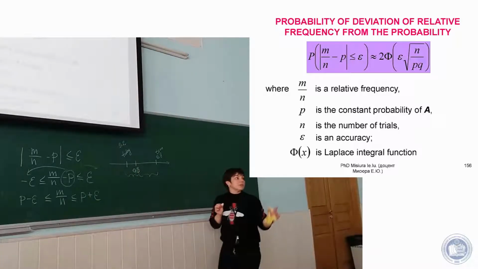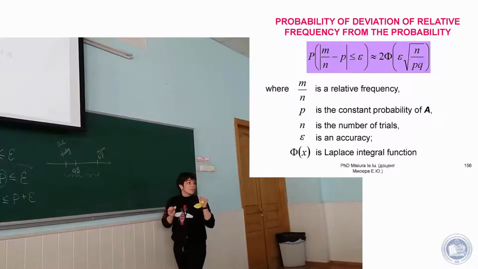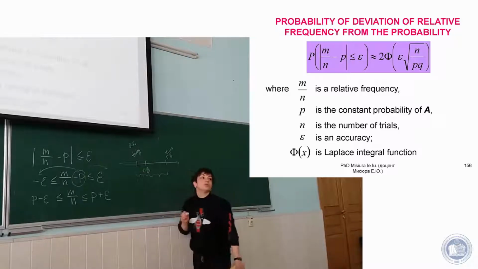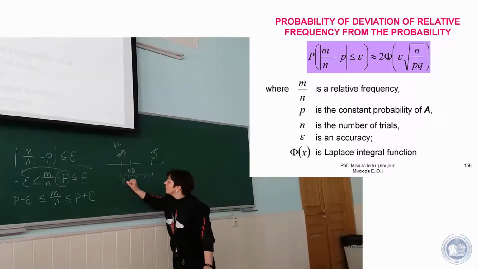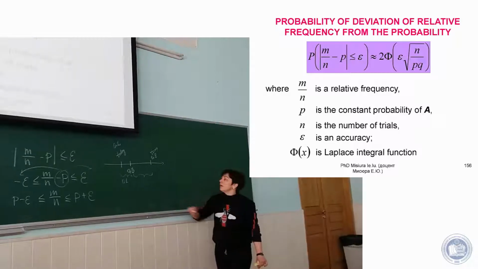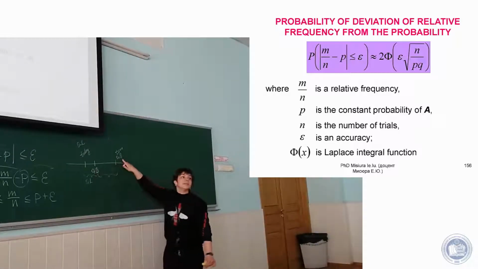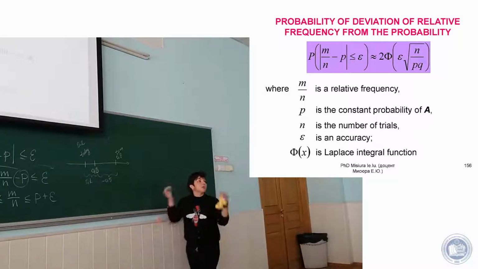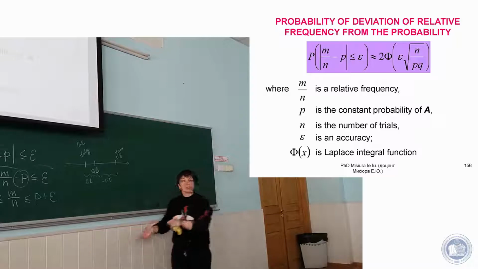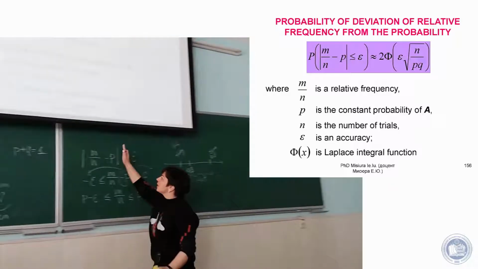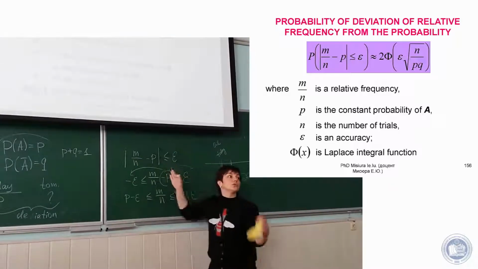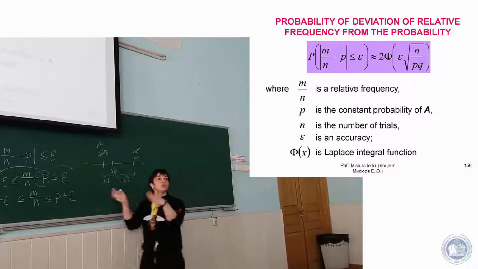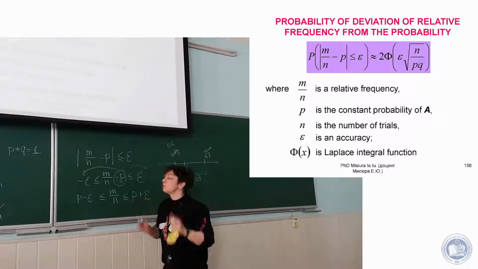We have positive deviation and negative deviation. Do you agree? This difference between 0.3 and 0.2 equals 0.1. If you take 0.3 minus 0.8, we have negative deviation. In order to find this result, students, let's use module, because module of negative number will be positive, yes? And module of positive number will be positive.